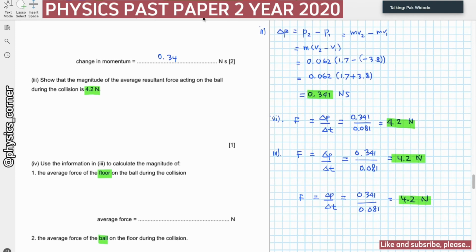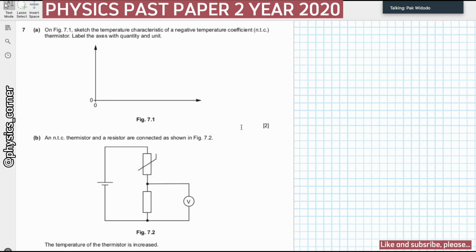Okay, if we read number 7, 7A on figure 7.1: sketch the temperature characteristic of a negative temperature coefficient or NTC thermistor. Label the axis with quantity and unit.